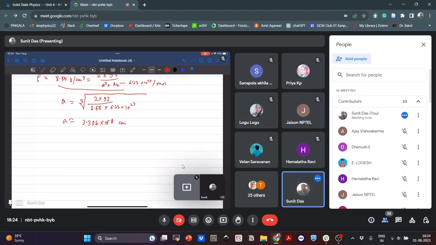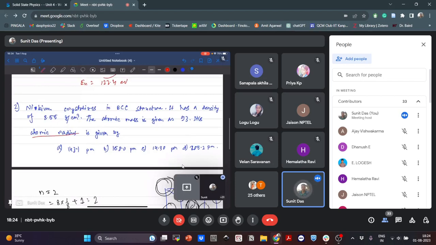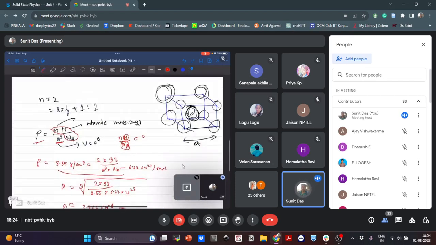Now read the question again. It says what is the atomic radius, not the unit cell dimension. A is the unit cell dimension. What I need is the atomic radius.